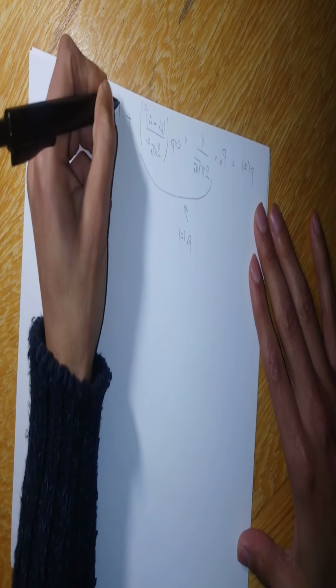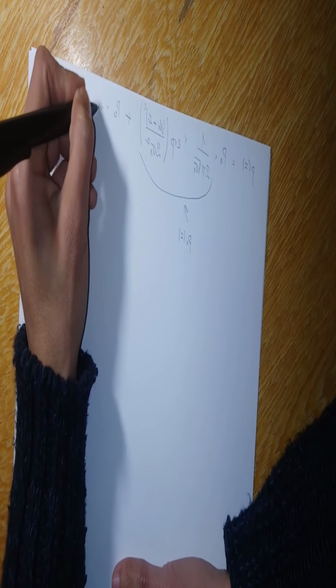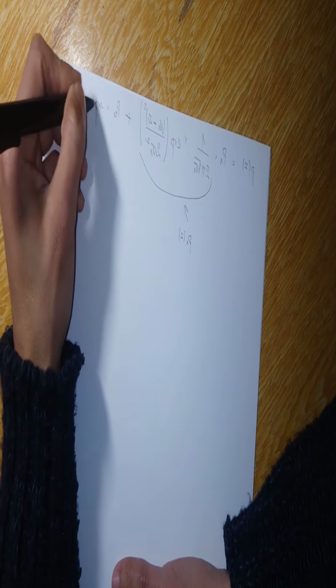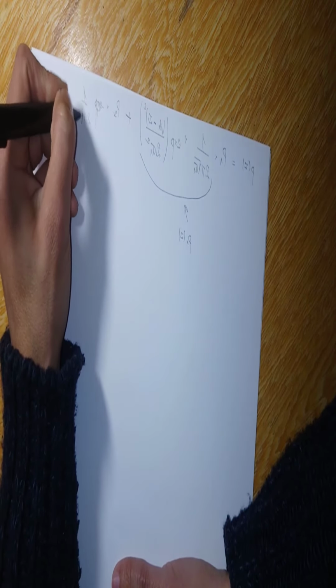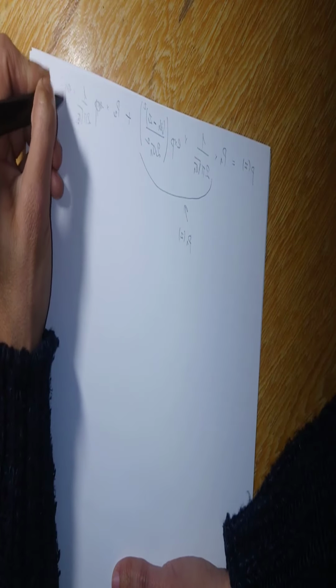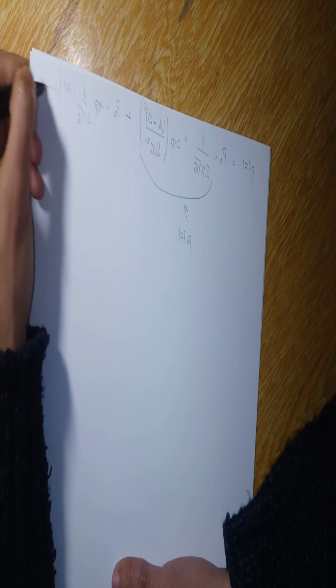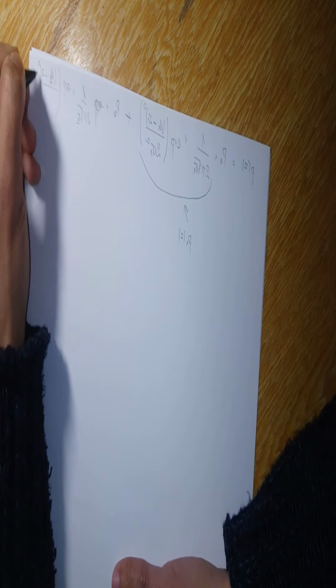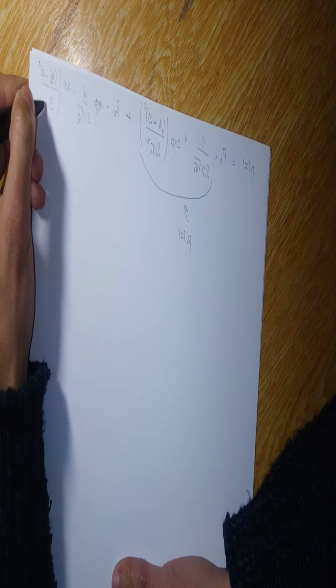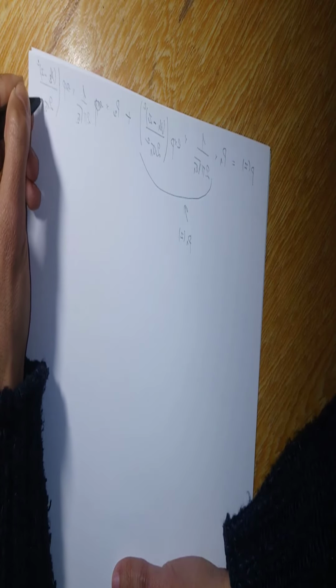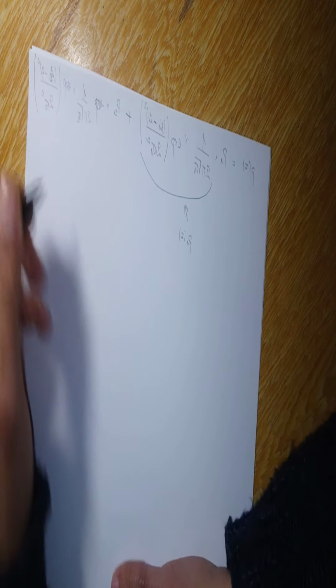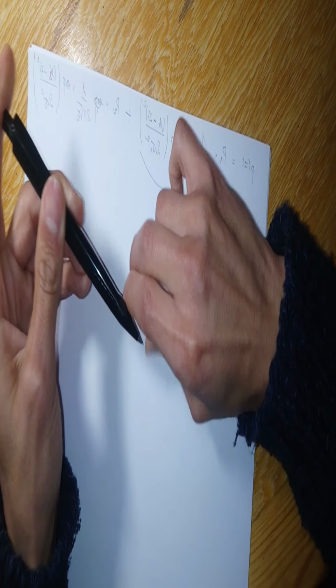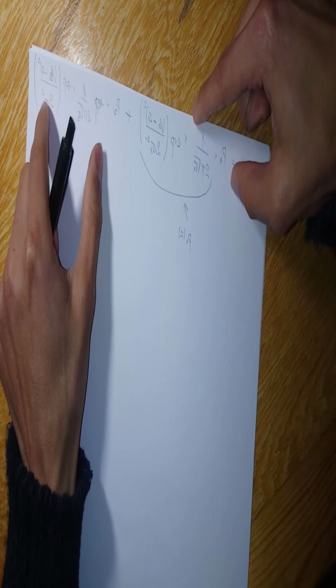Then I should add P2 multiplied by 1 divided by square root of 2π sigma 2 multiplied by exponential of minus mu 2 minus z, squared, divided by 2 sigma 2 squared.